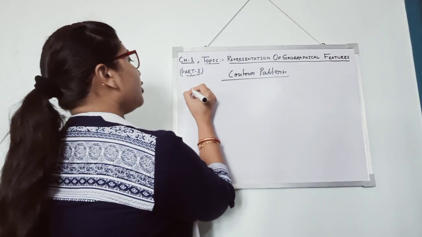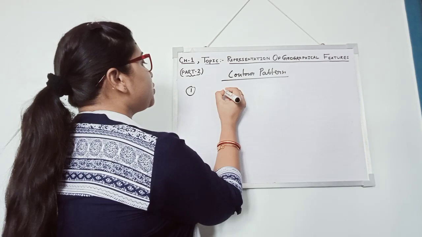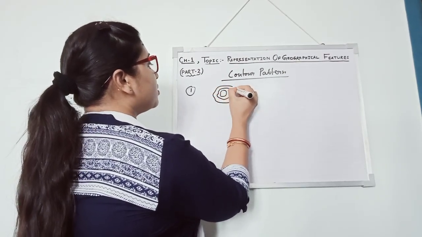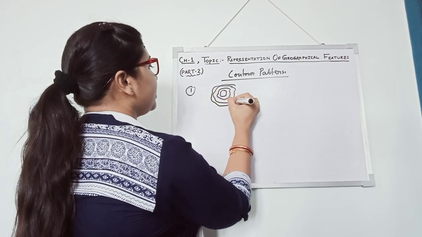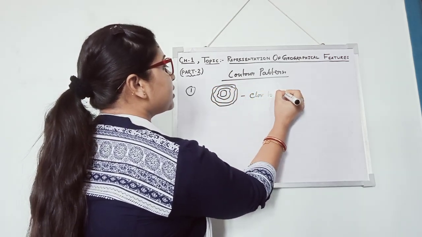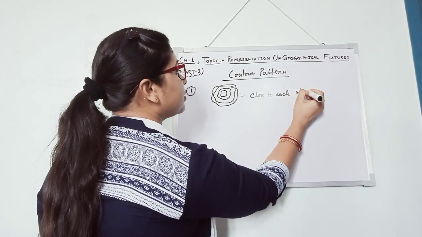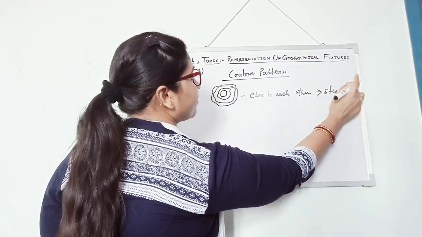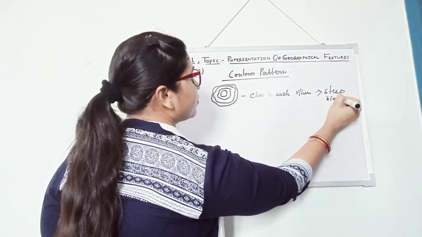First point, if the contours are close to each other, they will form a steep slope. Okay, steep slope.